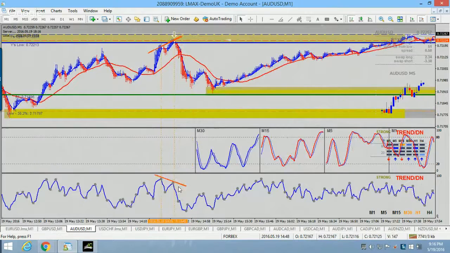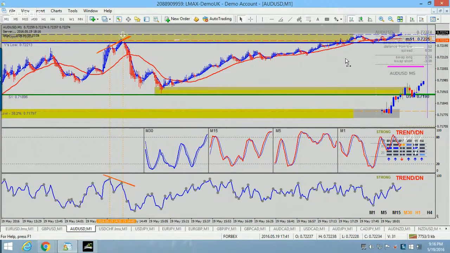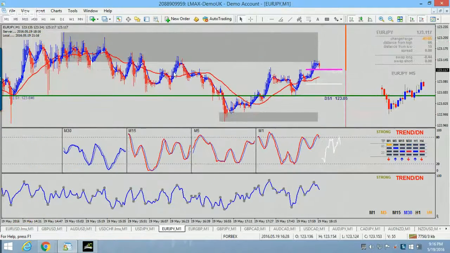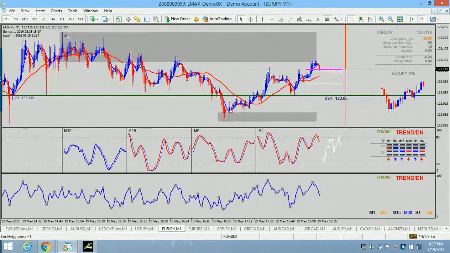But once you learn to anticipate the divergences, and about the divergence itself, we are going to talk about this aspect next week. Till then, I hope that you got some really useful information. Practice, look at the charts, draw correctly the supply areas, and go through the rules. Exercise.